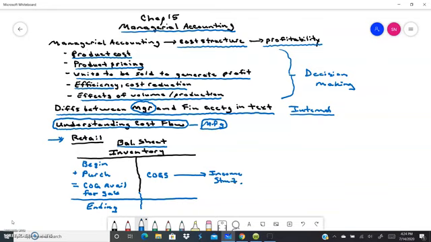So I think that's obviously, hopefully, a review. Pretty simple though. Costs come into inventory, and then when they're sold, they leave inventory, go into cost of goods sold, reflected as an expense on our income statement, and then whatever's left over remains as ending inventory on our balance sheet and is reported as such.